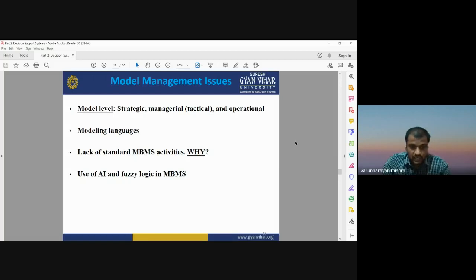We can use any kind of artificial intelligence method like machine learning or deep learning, or we can also use ensemble methods to manage or model the database for making any decision under decision support system. Fuzzy logic is also an important method for model management or modeling the database for different applications in decision support system. So right now we have a lot of facilities to model our database based on advanced artificial intelligence and fuzzy logic methods.